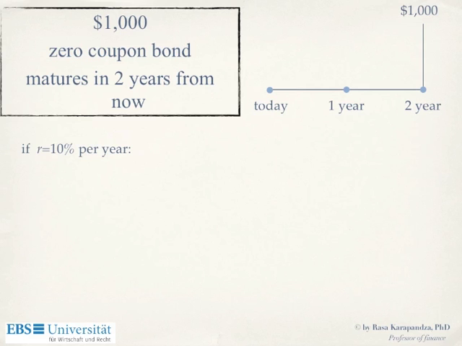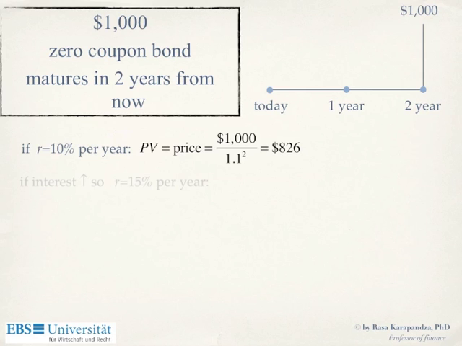And you tell me, well, that's easy. I just have to discount this. This is 1,000 divided by 1.1 squared, which is $826. So for this bond, you would not pay any more than $826.